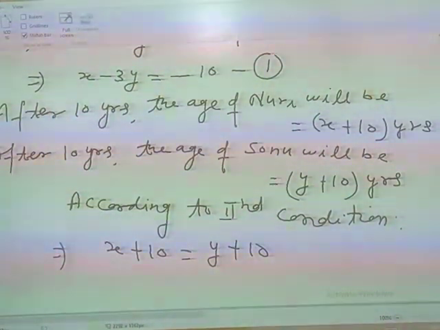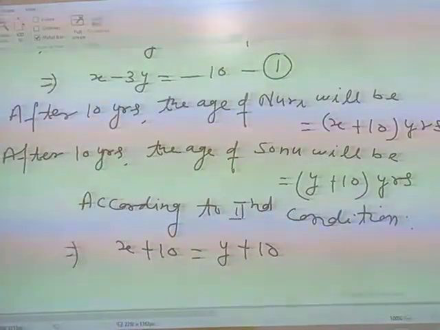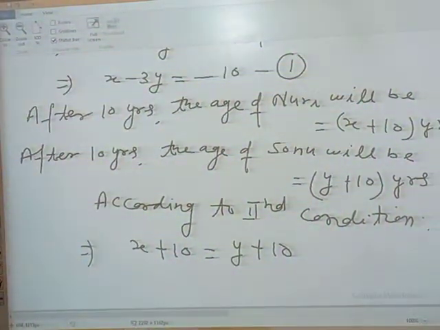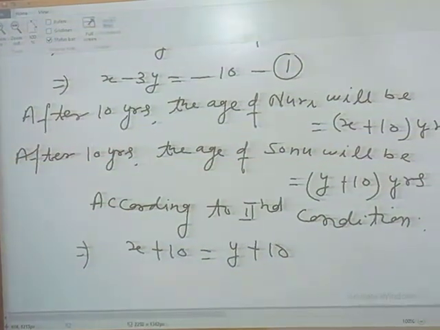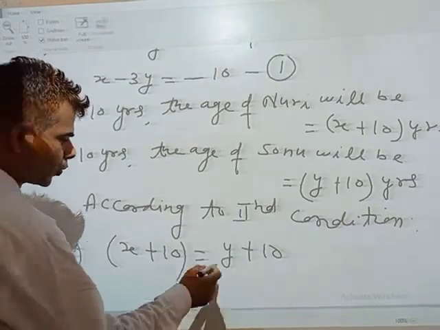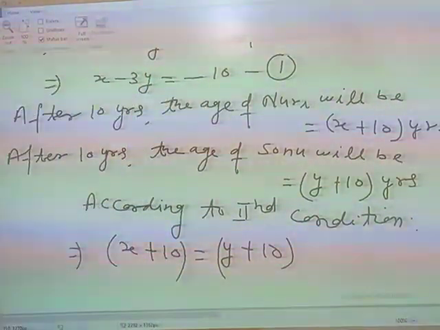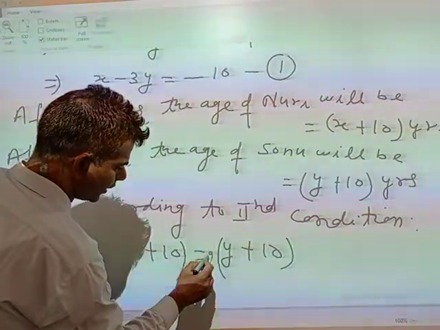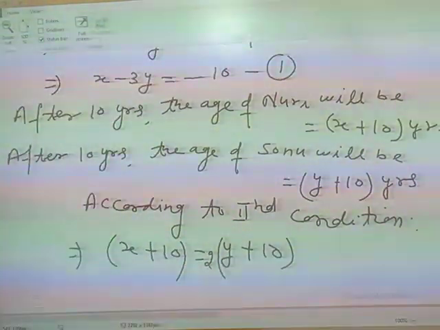Students, after 10 years, Noori will be twice as old as Sonu. To equalize it, we will multiply by which age? Noori's age or Sonu's age? Multiply it by 2. Sonu's age we will multiply by 2.